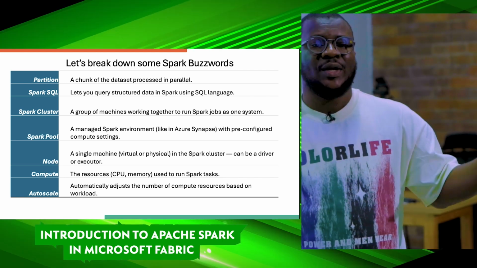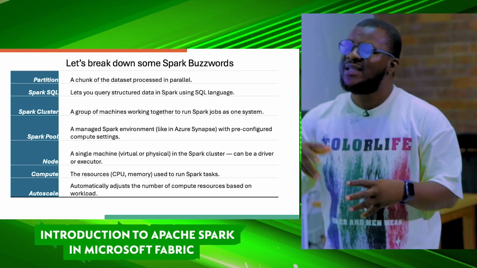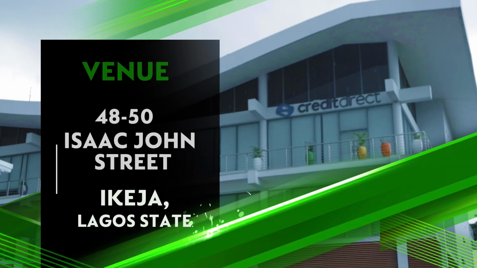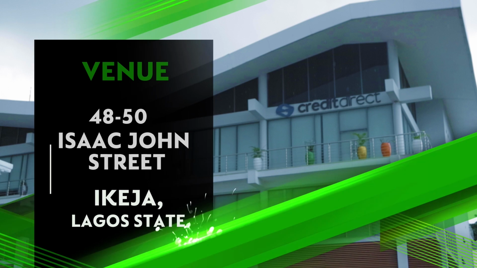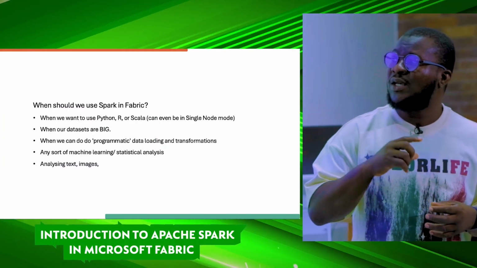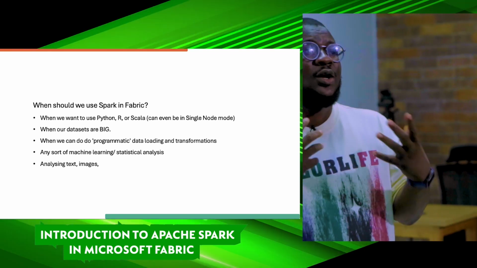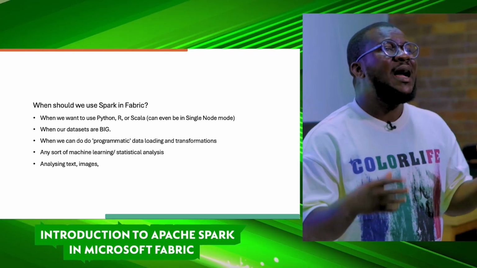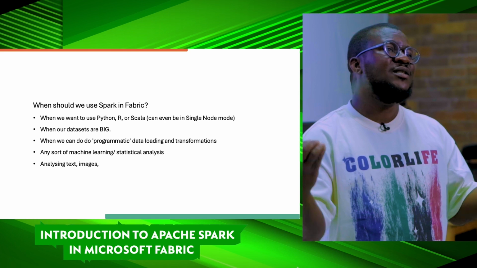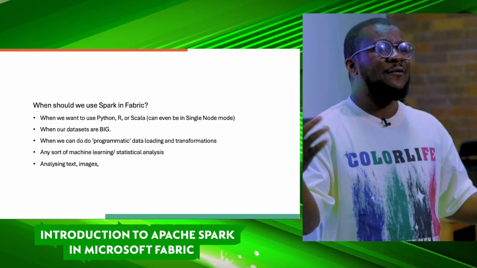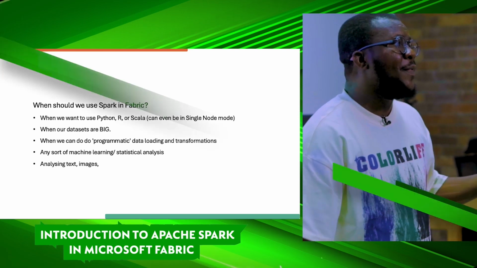So each of the components can be called a node, and this can either be the driver or the executor. You want to do things programmatically, you want to do your data loading, data extraction. A lot of us are very familiar with code, and now the barrier is even getting reduced further. You don't have to even understand or learn Spark from beginning to end to use Spark right now.